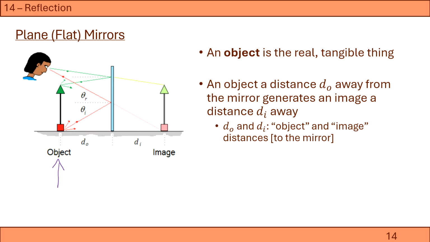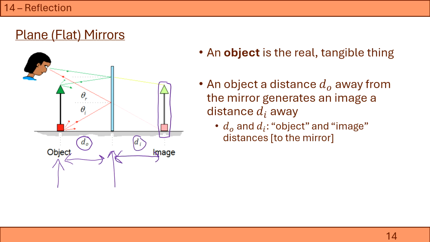And for a little bit more on the language here, DO is what's called the object distance. That's the distance in meters or something away from the mirror. Right here is the object distance. The image is a false object here. It's not really here, and it's created on the right-hand side in this case, and we have an image distance, and those two are going to be related in some way.